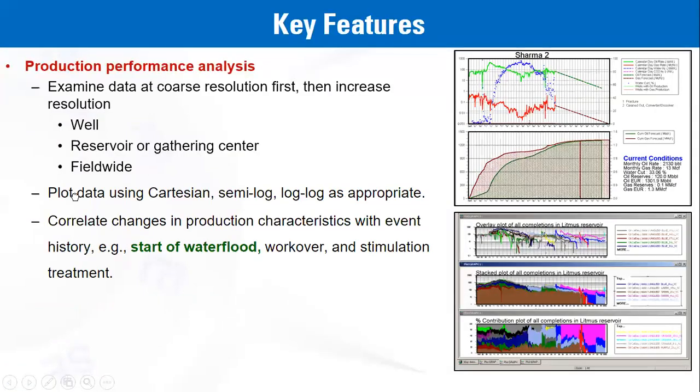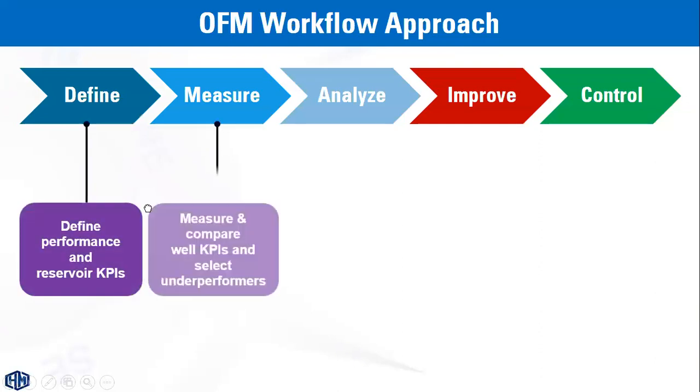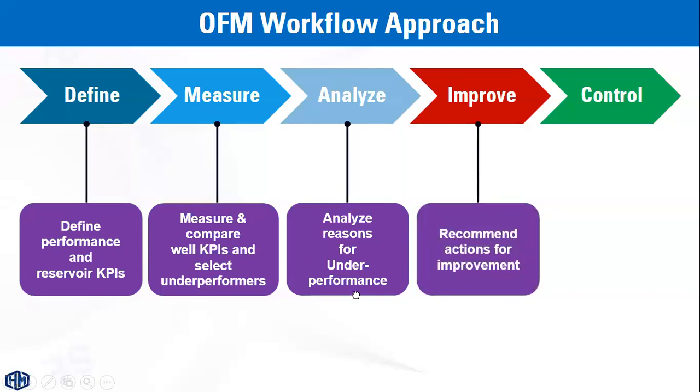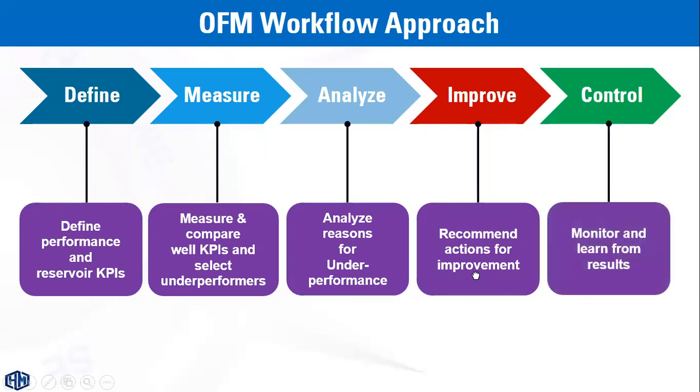So the key features, as mentioned, the production performance tools at different levels, and we have to define the performance and measure the key performance indicator to identify the underperformers, analyze reasons for this underperformance behavior, and recommend actions for improvement and optimization, and finally monitor the production changes and results.